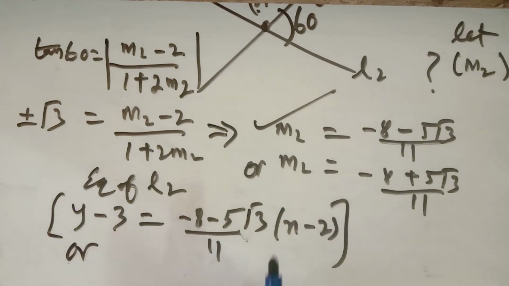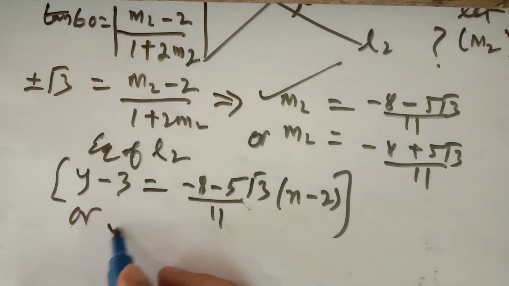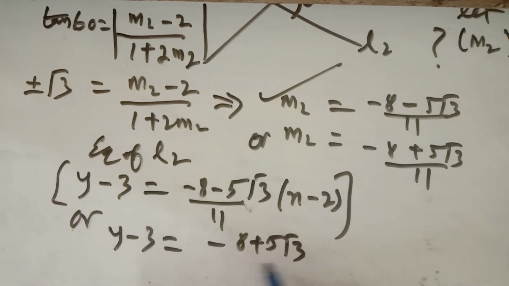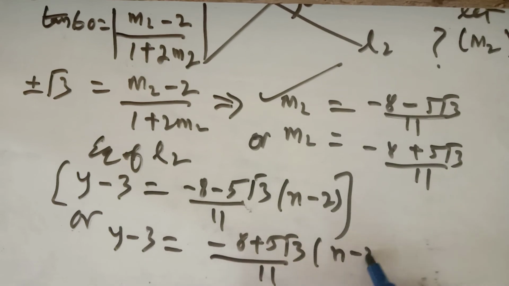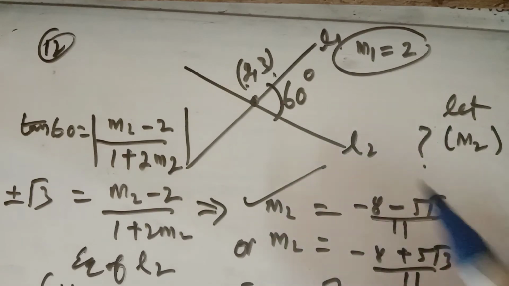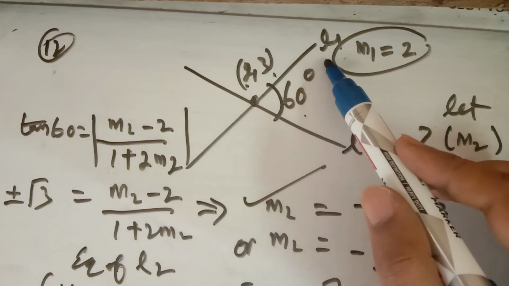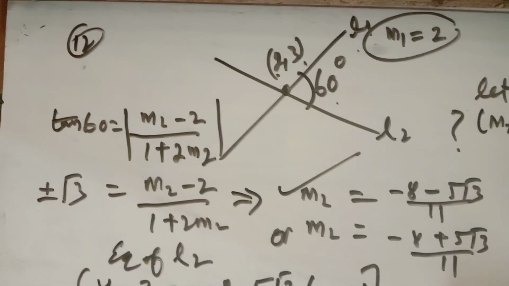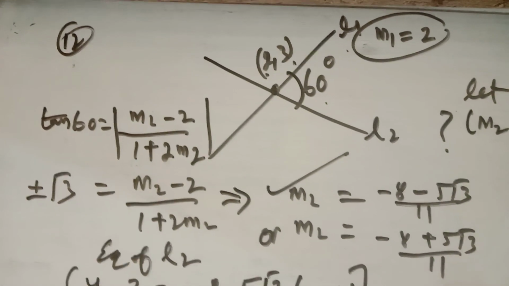Or you will get the second by using this slope: y minus 3 is equal to minus 8 plus 5 root 3 upon 11 into x minus 2. So this is the equation of the line L2, which is making an angle of 60 degrees with the line L1, and both of them are intersecting at the point 2, 3, which is the question number 12.